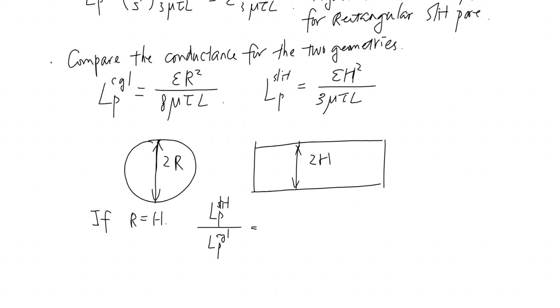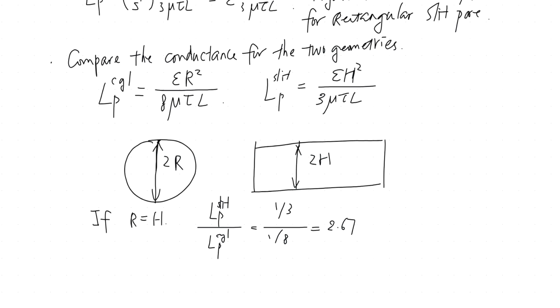For the slit, you have 1/3 as a coefficient. For the cylinder, you have 1/8. So it gives you a ratio of about 2.67.